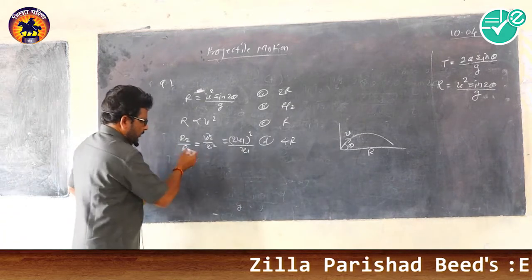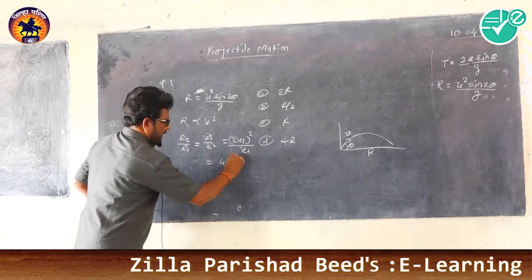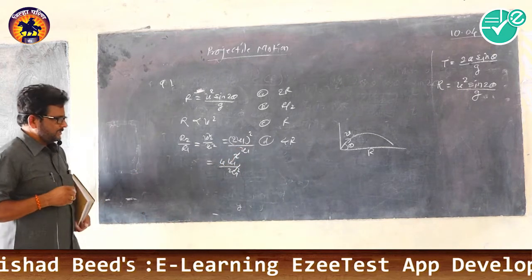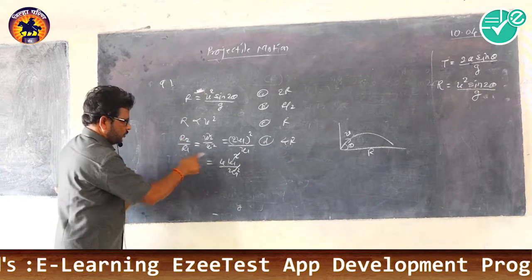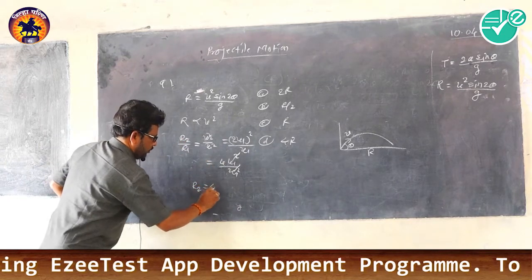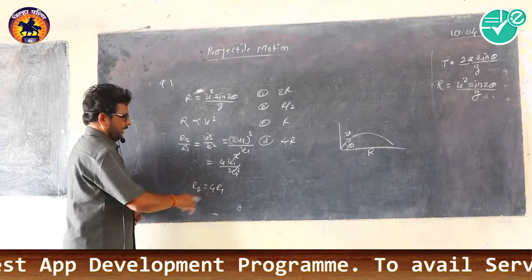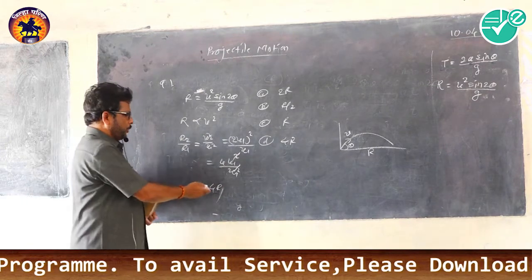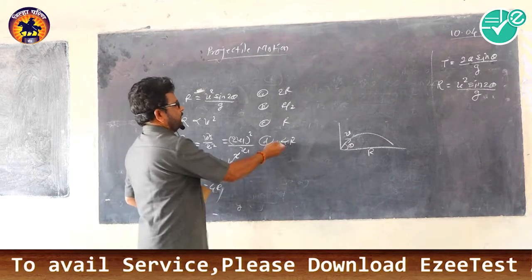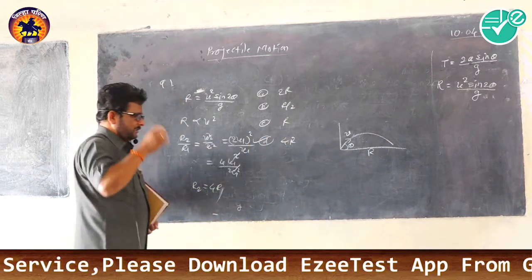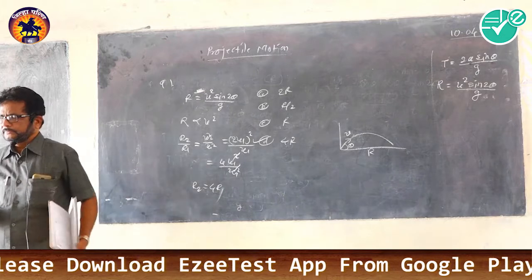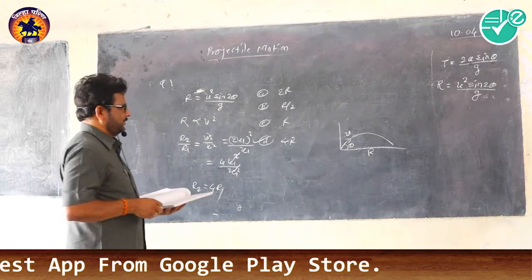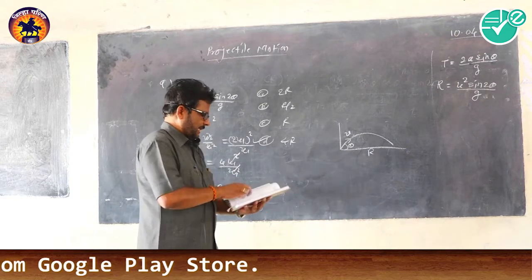That is R2 upon R1 is equal to 4 u1 square upon u1 square. u1 square gets cancelled. So R2 upon R1 is equal to 4. So R2 is equal to 4R1. That means the new range of the projectile is 4 times the initial range, that is 4R. So option D is the correct option. Such types of questions which directly depend upon the formula can be asked.